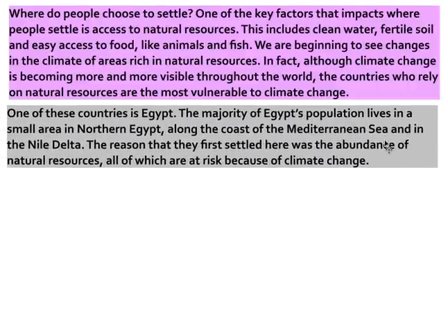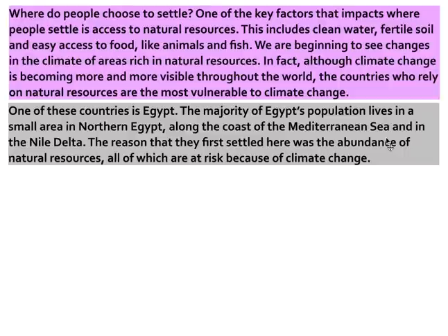I want to read just the end of my big picture so that you hear this transition. In fact, although climate change is becoming more and more visible throughout the world, the countries who rely on natural resources are the most vulnerable to climate change. One of those countries is Egypt. Do you hear it? It's a really clear, natural transition.